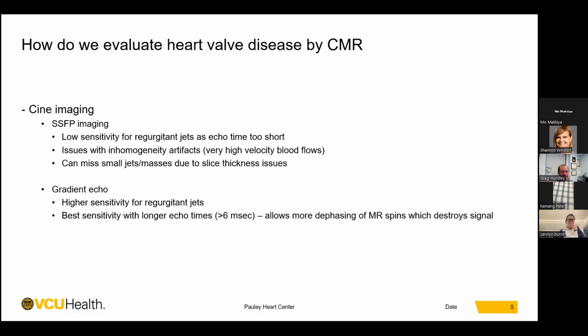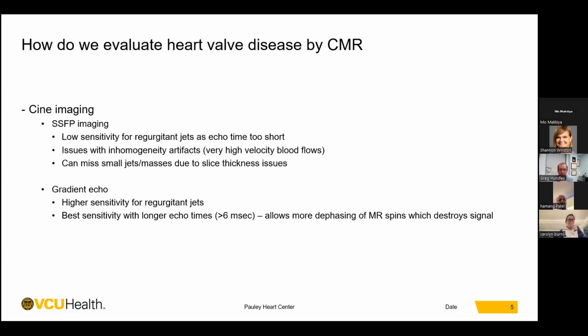In cine imaging, the SSFP imaging, which is the workhorse of cine imaging, has a low sensitivity and some limitations that we should know about. There is low sensitivity for regurgitant jets as echo time is too short.